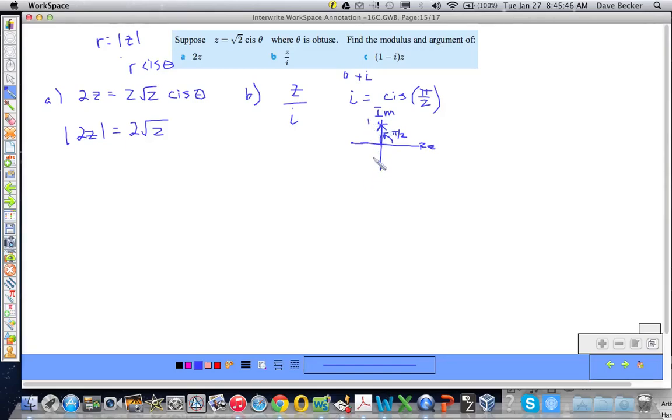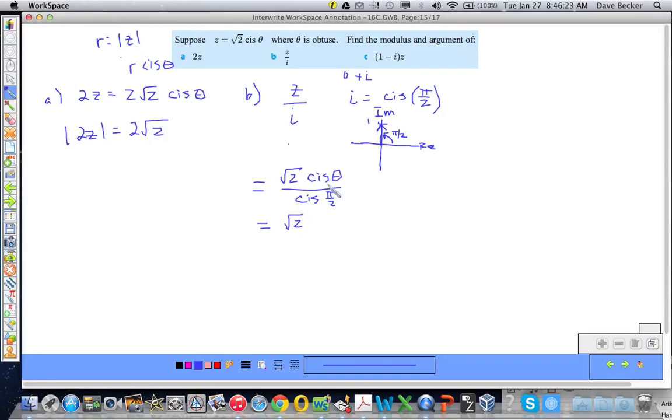Okay, no big whoop. So that means that z over i must be equal to root 2 cis theta over cis pi over 2. Yes? And that is equal to, what's cis pi over 2? Well, that would be 0 plus, sine of pi over 2 is 1, so i, right?